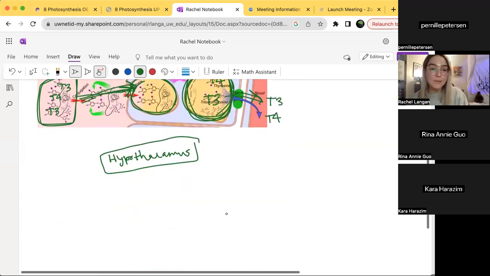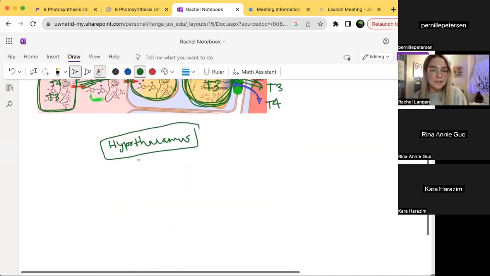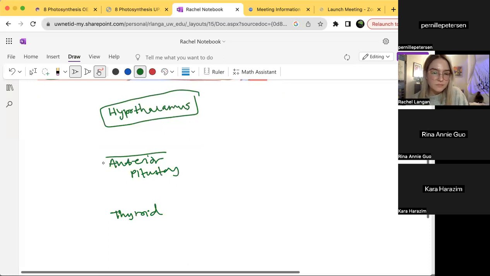All right, regulation. So there's the hypothalamus, anterior pituitary, and then our thyroid. So the thyroid's the one that makes the thyroxine.